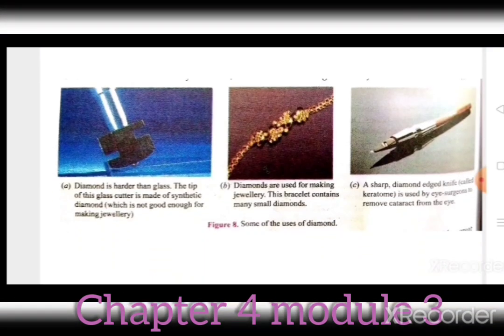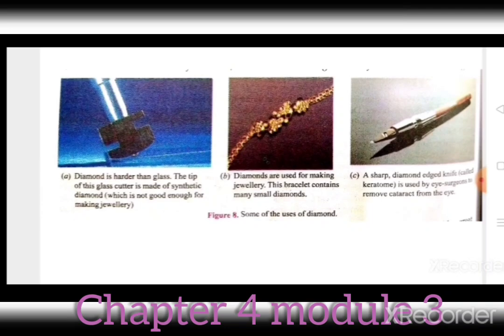Then here you can see diamond is harder than glass. The tip of the glass cutter is made of synthetic diamond, which is not good enough for making jewelry. So it is used in tools, and the tip is used to cut glass. Then diamonds are used for making jewelry.